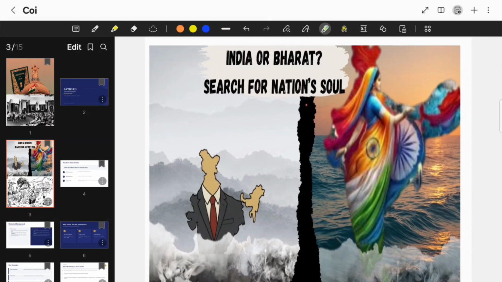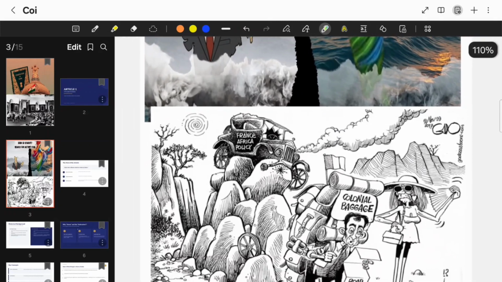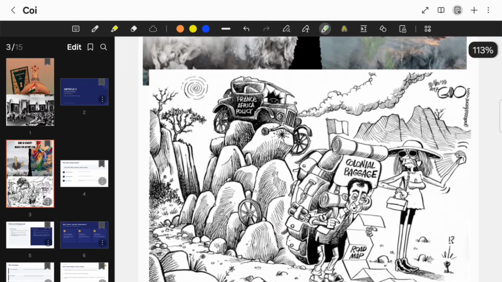India, the name known to the world, rooted in the Indus, that is Sindhu, carried through Greek and Persian usage into colonial administration, but that was also thought of as colonial baggage, which further led to the inclusion of Bharat, the indigenous name tracing back to ancient texts like the Vishnu Purana and the Mahabharata, tied to the legendary king Bharata. Rather than choosing one over the other, the Constituent Assembly enshrined both as equally valid, side by side. It was a quiet act of reconciliation, modern statehood wearing an ancient name.